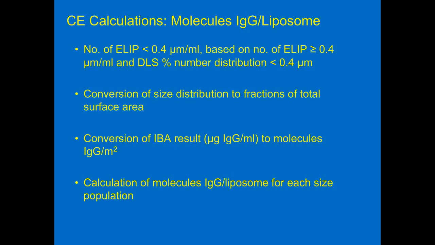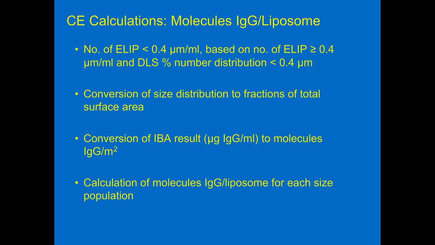So what we do, as I said, is we take the number of liposomes smaller than 400 nanometers based on the fraction in the Zetasizer and the percent number distribution, and the number of liposomes counted by the Multisizer that are greater than 400 nanometers.